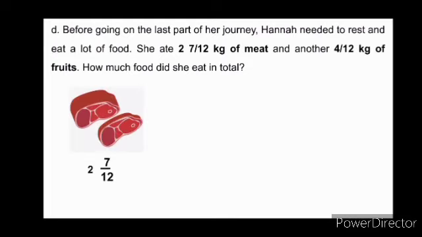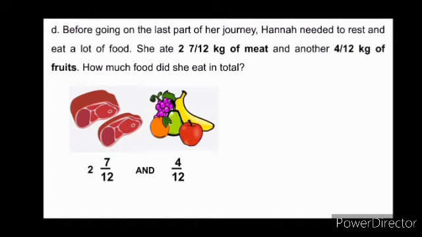So we have the given here, which is the 2 and 7/12 kilograms of meat and the 4/12 kilogram of fruits. Since we have here a mixed number and a proper fraction, we're just gonna add this directly and copy the whole number.